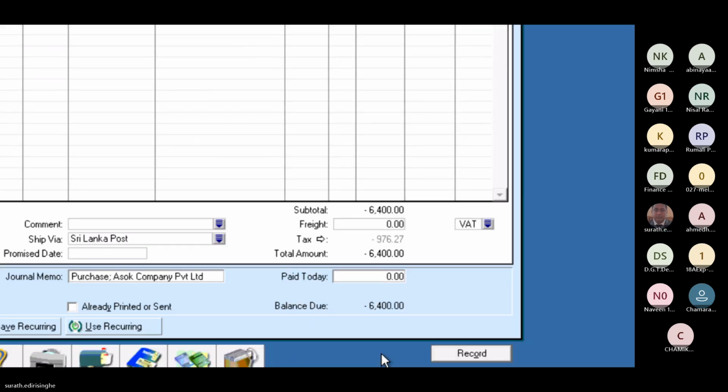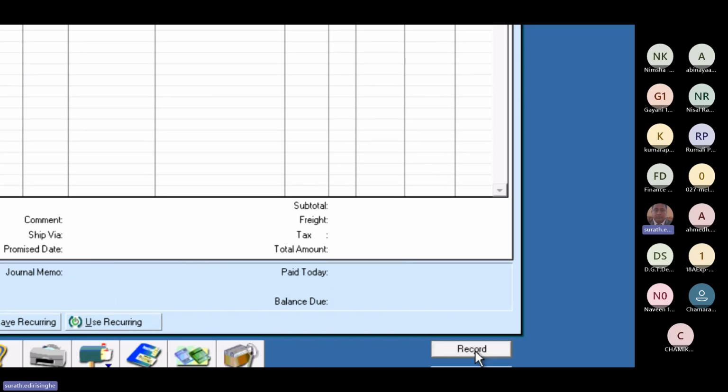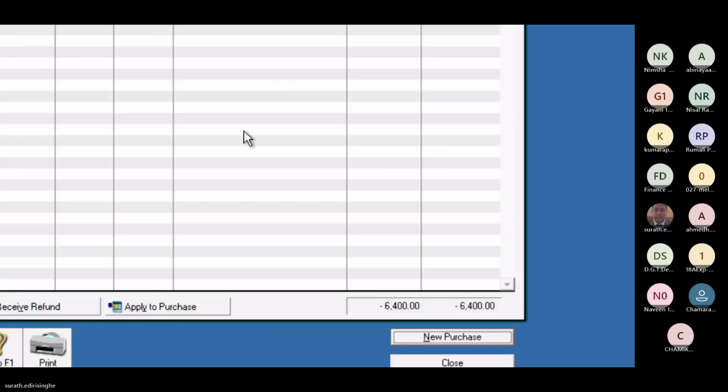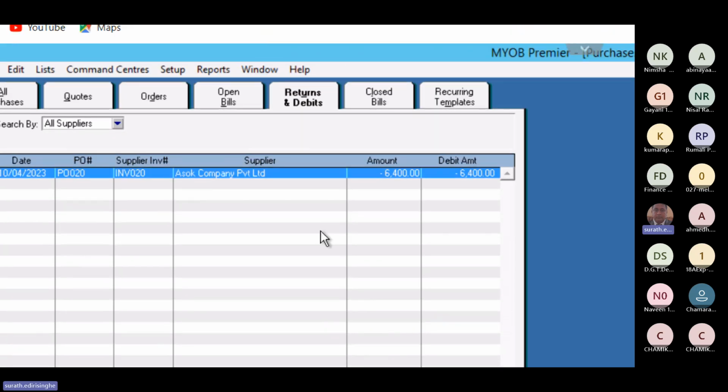Then click on record. Then go to the register. Now you look at here, change the status, 6,400 to return and debit.